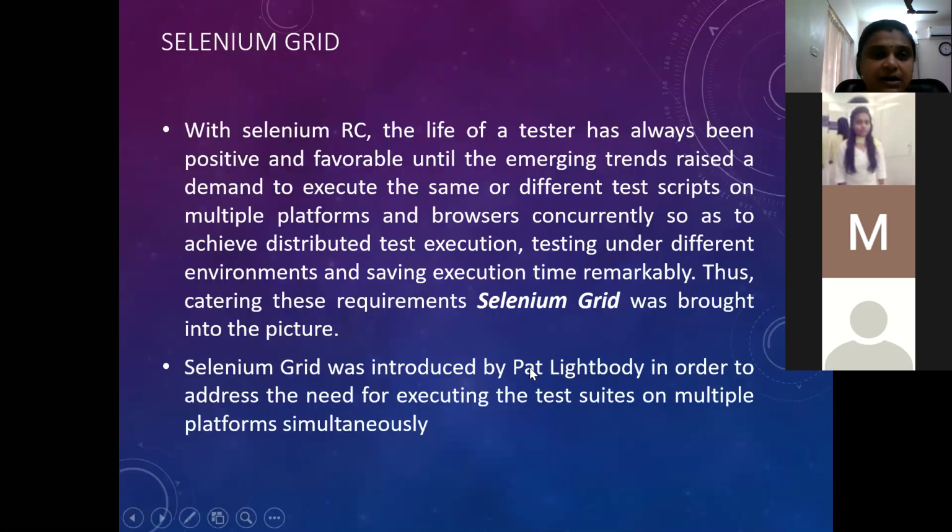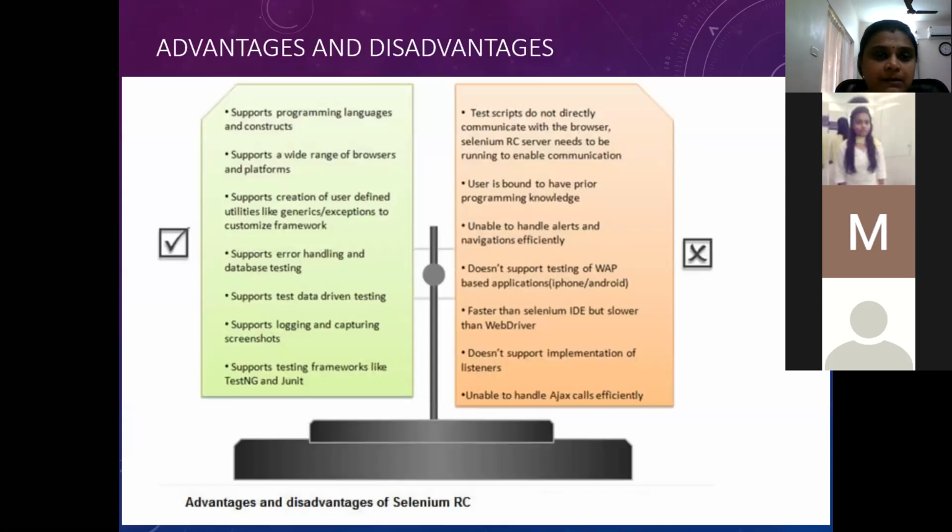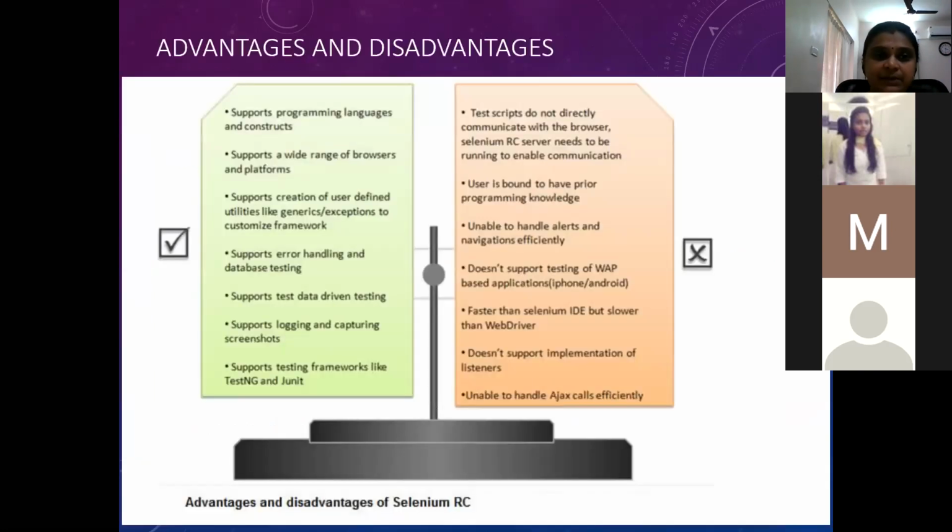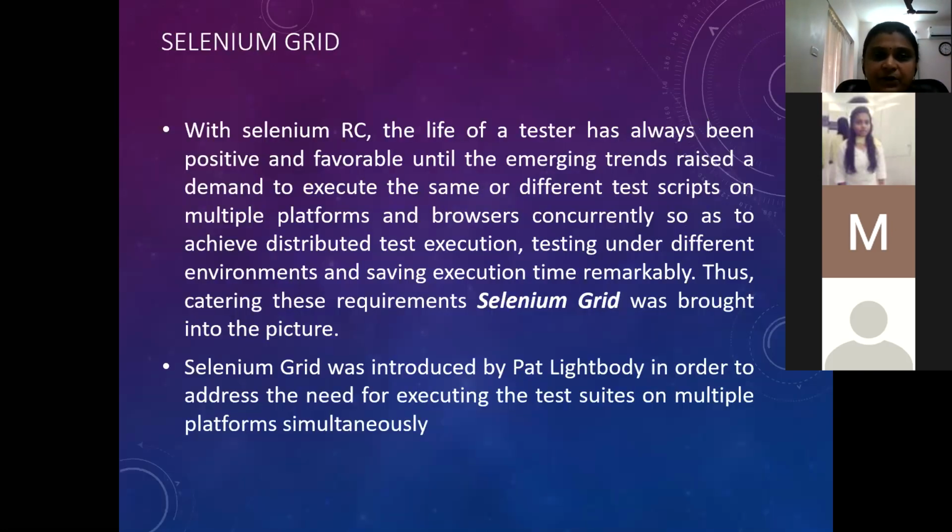In this case, we are going to use Eclipse. A test framework is not required. Tomorrow I can tell you what this testing framework is. For now, leave it. That is optional. We don't have to use that. Of course, you require your RC component. When you extract all these Selenium libraries, automatically all that will come into the picture.